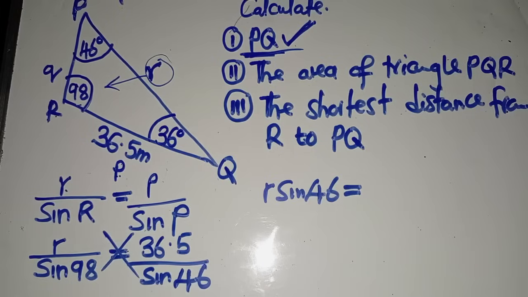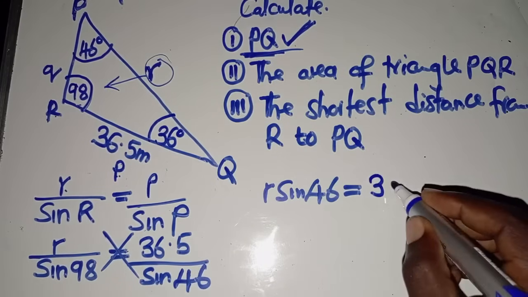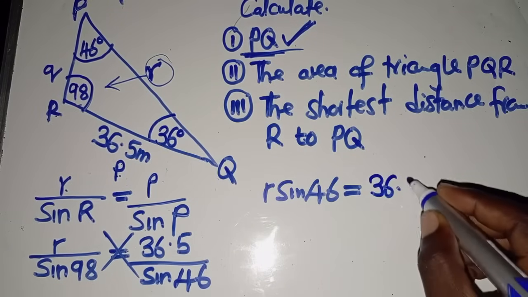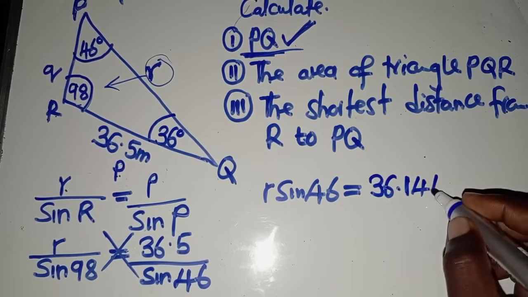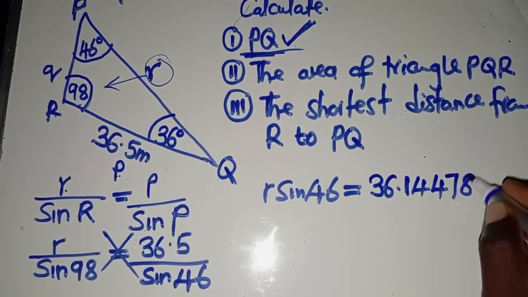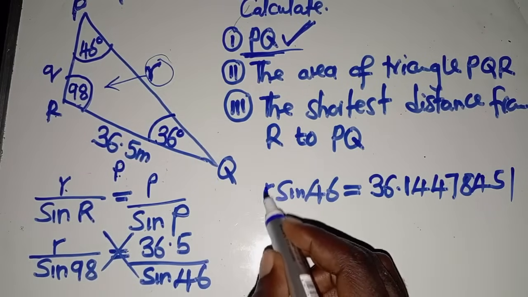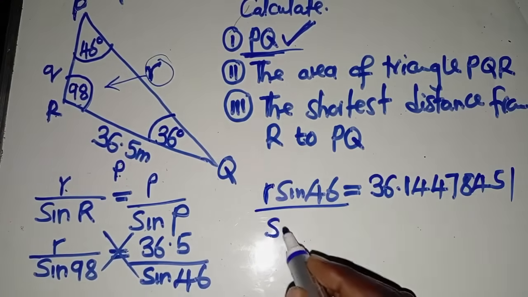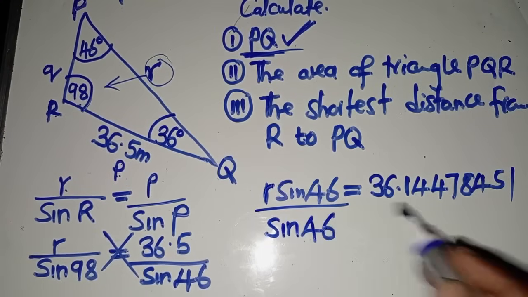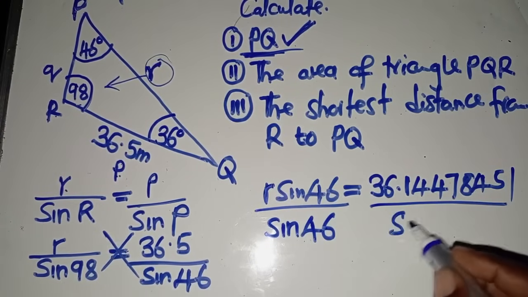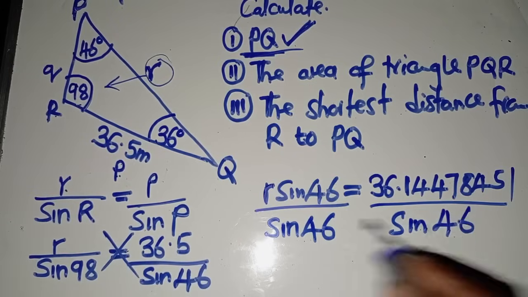It is equal to what? I'm getting the answer, which is 36.1447845. Kindly confirm with me. Since I want to find R, I divide both sides by sine 46.